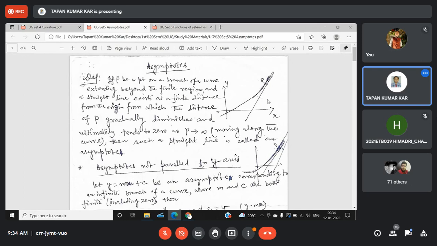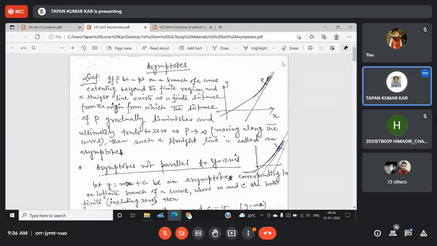Now, if you move along the curve, that is, P will change its position along the curve, the distance between the curve and the straight line gradually diminishes. If you move further, the distance from the straight line to the curve gradually diminishes.